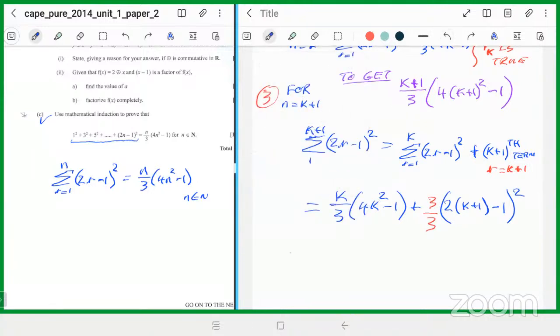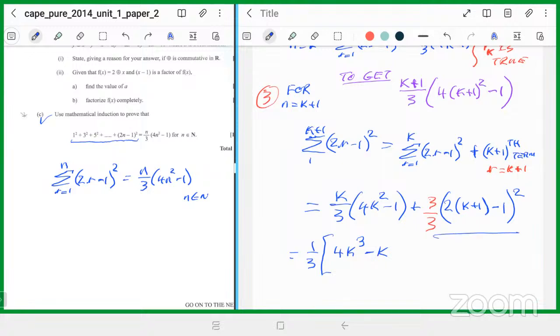I'm going to get this equal to 1/3 into, taking the third out of this, I'm left with k times this. I'm going to express it as a cubic, so it becomes 4 times k cubed minus k. But that's standard so far. I factorize the third out of this, and k times this gives me 4k cubed, and k times this gives me minus k.